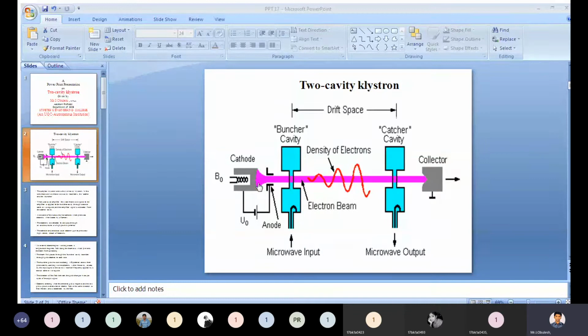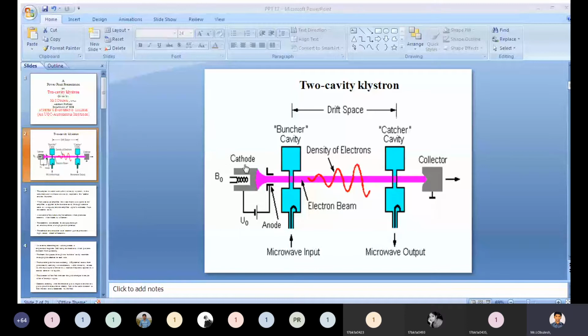This beam first passes through the buncher cavity resonator through a grid attached to each side. These buncher grids have an oscillating AC potential across them, produced by standing wave oscillations within the cavity, excited by the input signal at the cavity's resonant frequency applied by coaxial cable or waveguide.